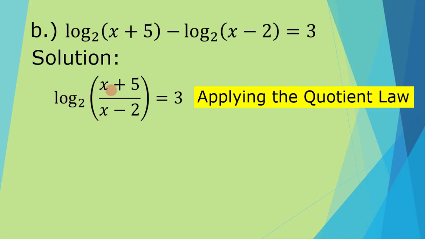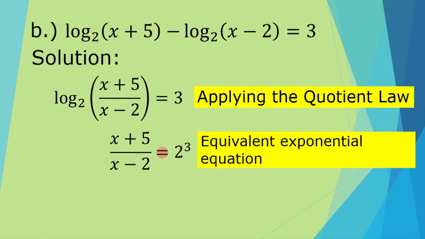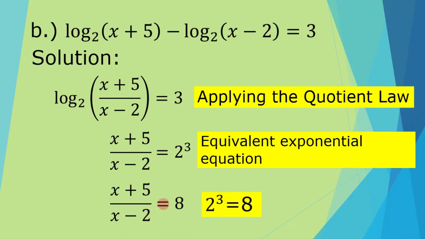Log of quantity x plus 5 all over x minus 2 to the base 2 equals 3. Then we have x plus 5 all over x minus 2 equals the base 2 and the logarithm 3 by equivalent exponential equation. And we have here simplifying 2 cubed equals 8.